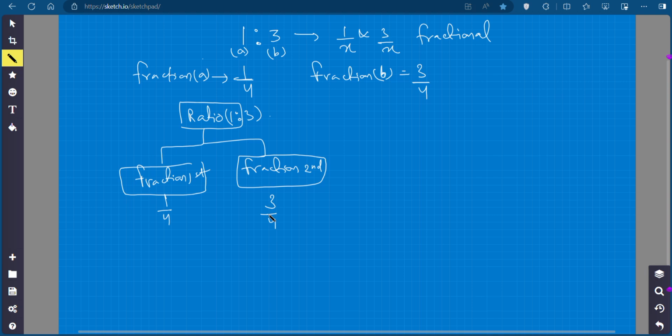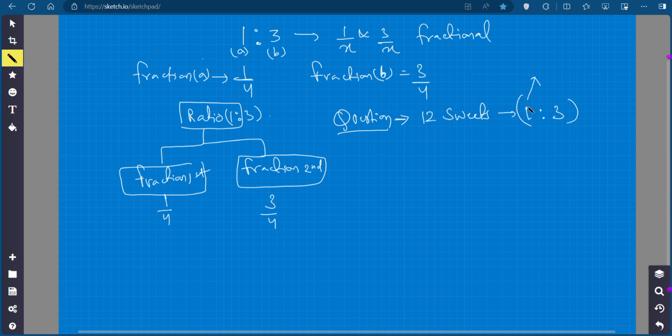But now what do I do with this 1 by 4 and 3 by 4? How would it help me to solve my original question? The original question was 12 sweets. Your parents give them to you and say just divide among yourselves, you and your sibling, so that your sibling gets 3 times whatever you get.